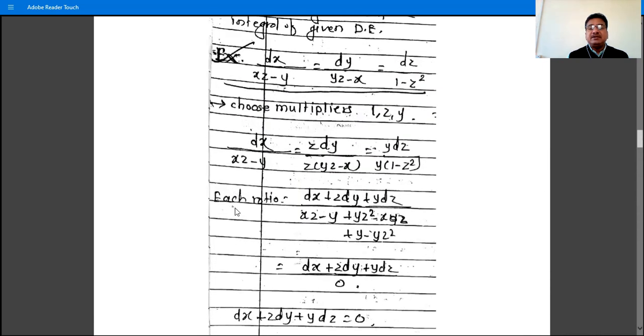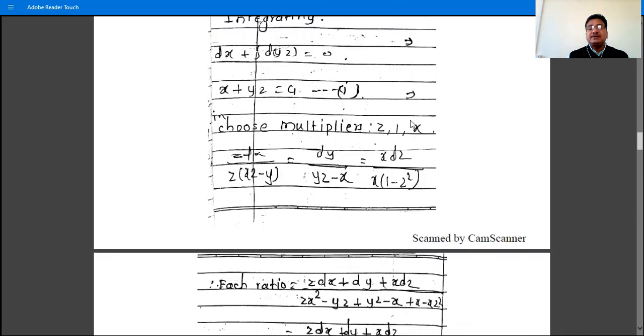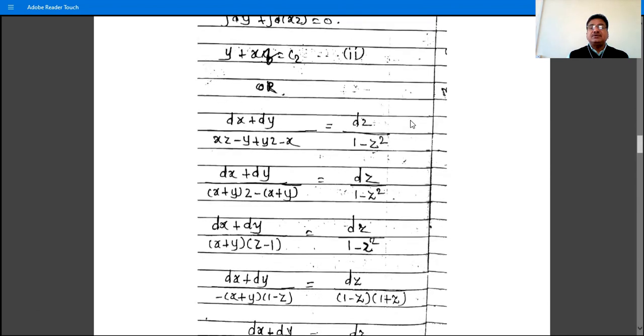Each ratio means we can write here either the first ratio or the second ratio or the third ratio. So the sub method of method number 2 is to choose multipliers and take in the place of each ratio either the first, second or third ratio. In this example, the third ratio is considered, and the multipliers are 1, 1 and 0, and therefore dx + dy divided by this quantity.